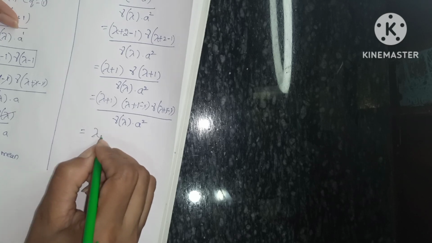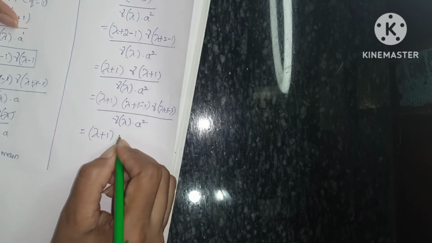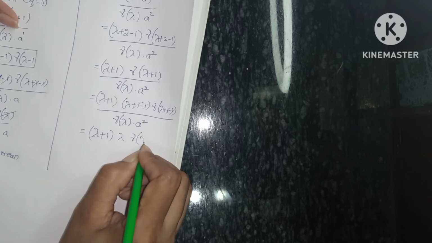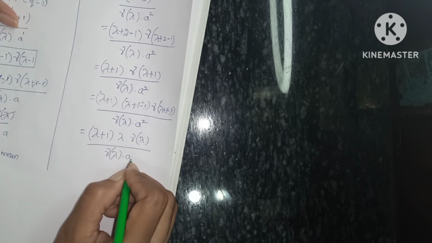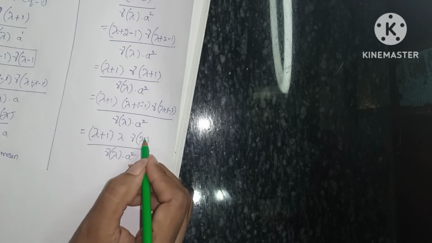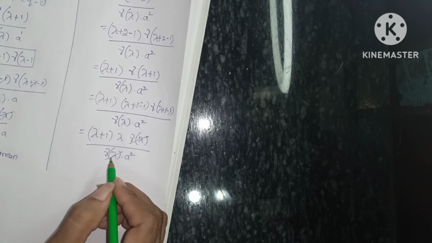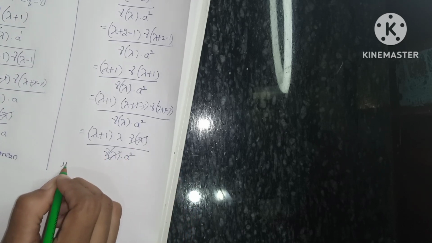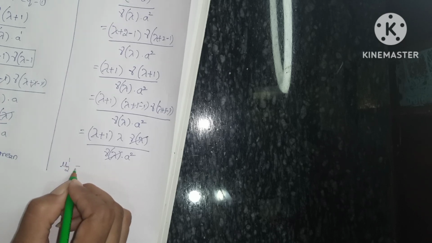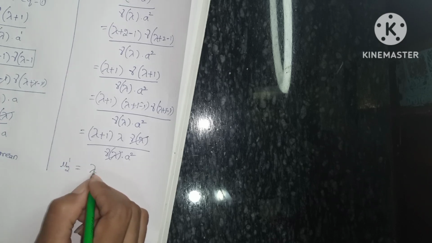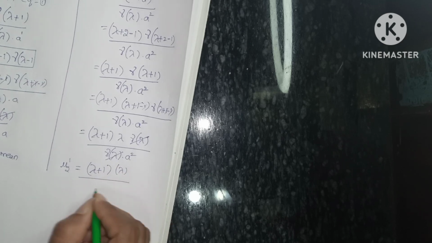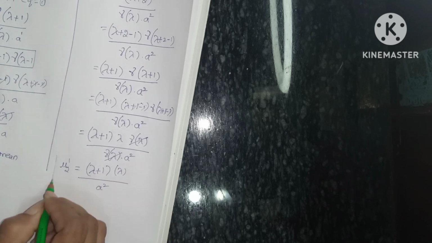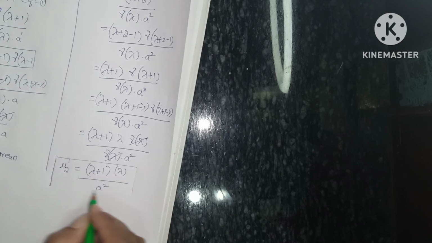So the remaining term is lambda plus 1 into lambda into gamma of lambda by gamma of lambda into a square. Gamma of lambda gets cancelled. So the final term is mu 2 dash equals lambda plus 1 into lambda by a square.